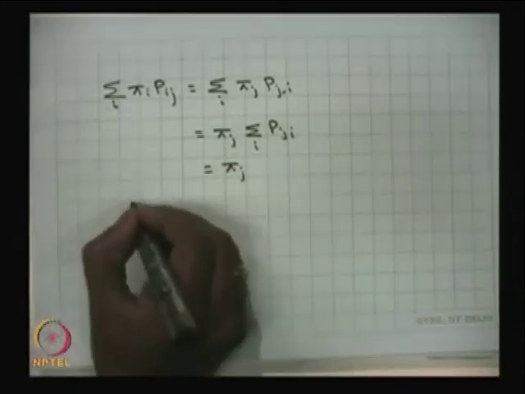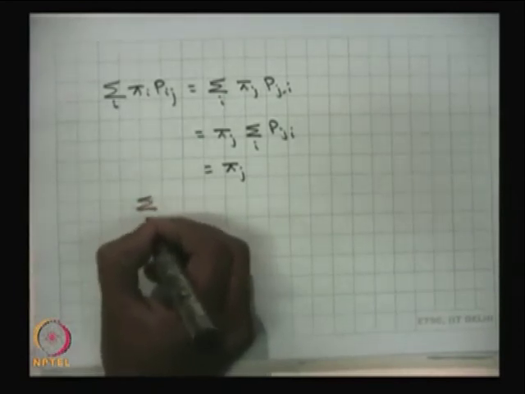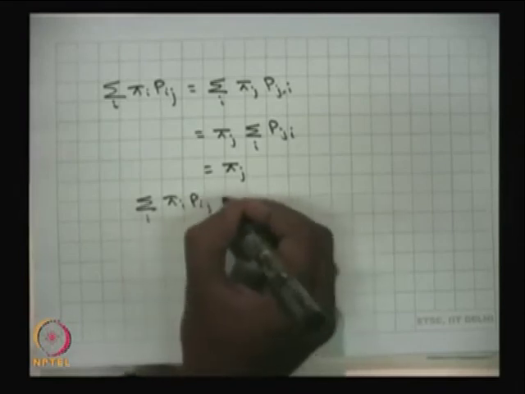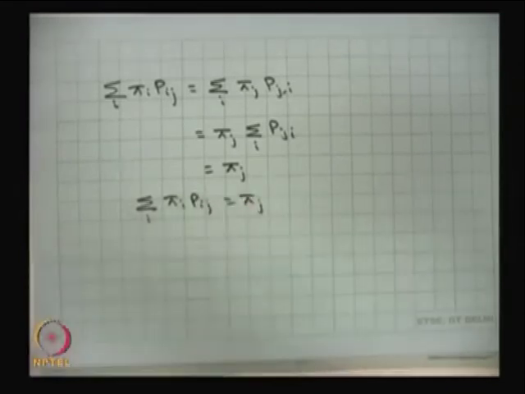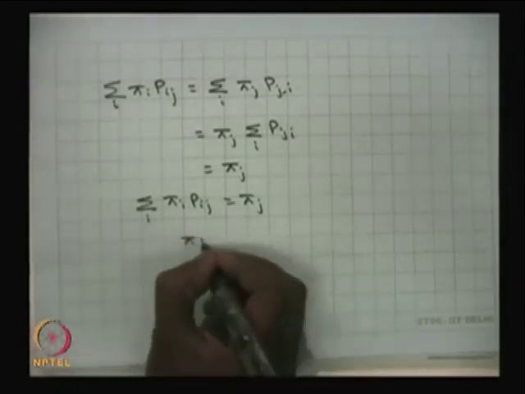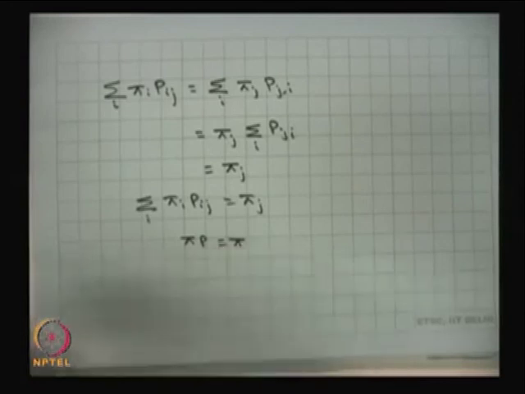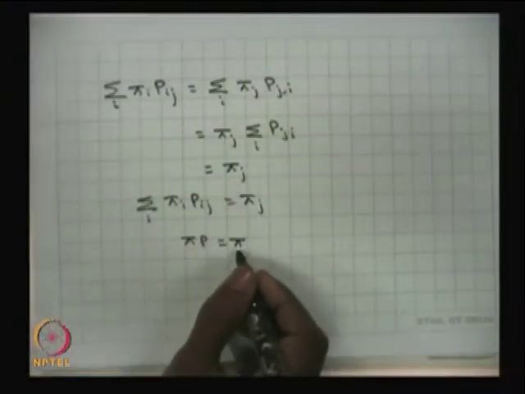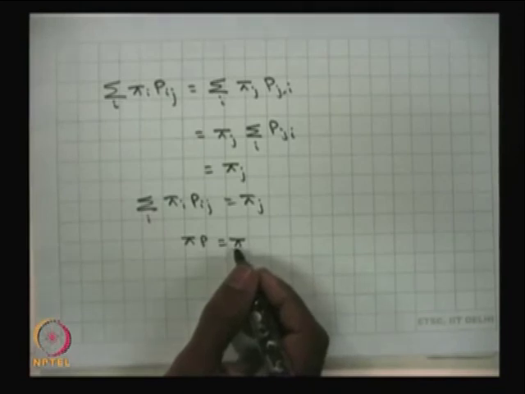So, hence we get summation over i of pi i p i j is equal to pi j. So, this is nothing but in the matrix form pi P is equal to pi. So, whenever you have an irreducible DTMC and it satisfies the time reversibility equations, then you have a unique solution pi, and that unique solution pi is a stationary distribution.